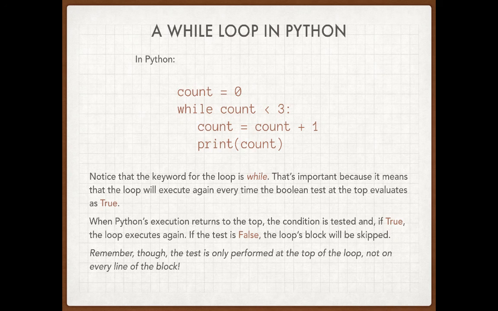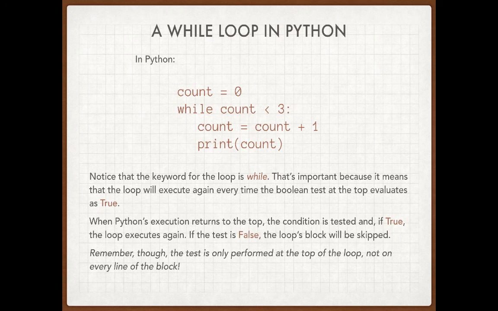This is a really crucial idea, and I wanted to spend some time on it because this is one of the places where beginners to Python get a little bit confused. They implicitly believe somehow that Python does that Boolean test at every line within the block, but that is not true. The only time Python does the test is when execution flips back up to the top.